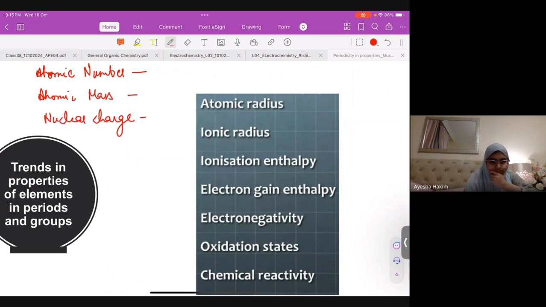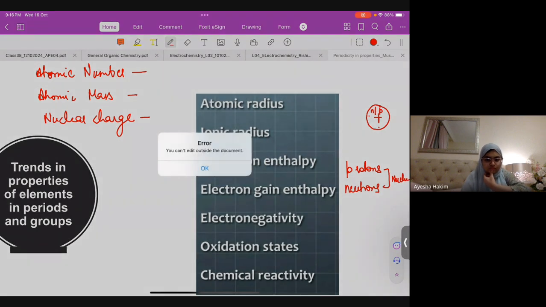Now I'll just brief you. I won't take much. We have an atom, where the central rigid part of that atom is the nucleus, which contains neutrons and protons. Protons are the positively charged particles. Neutrons are the negatively charged particles. So there are protons and there are neutrons in the nucleus.